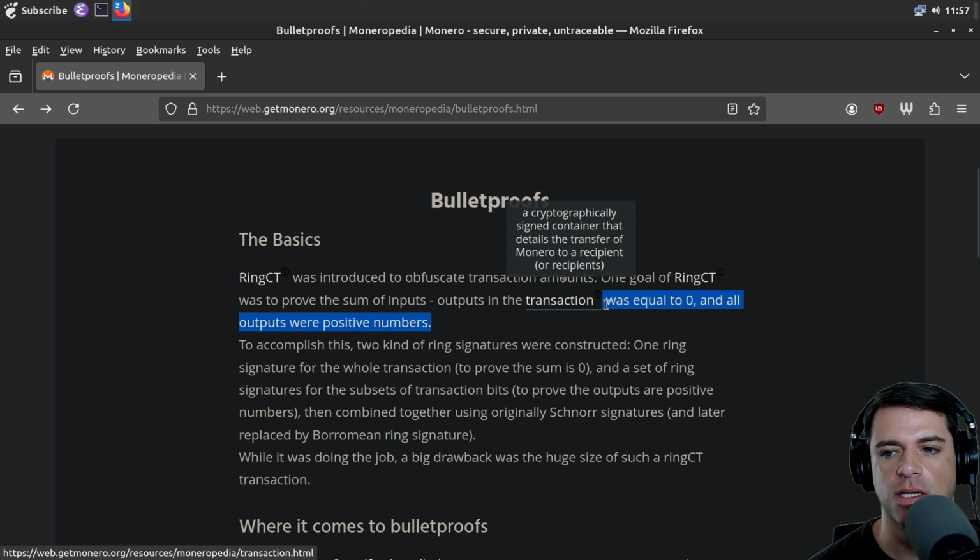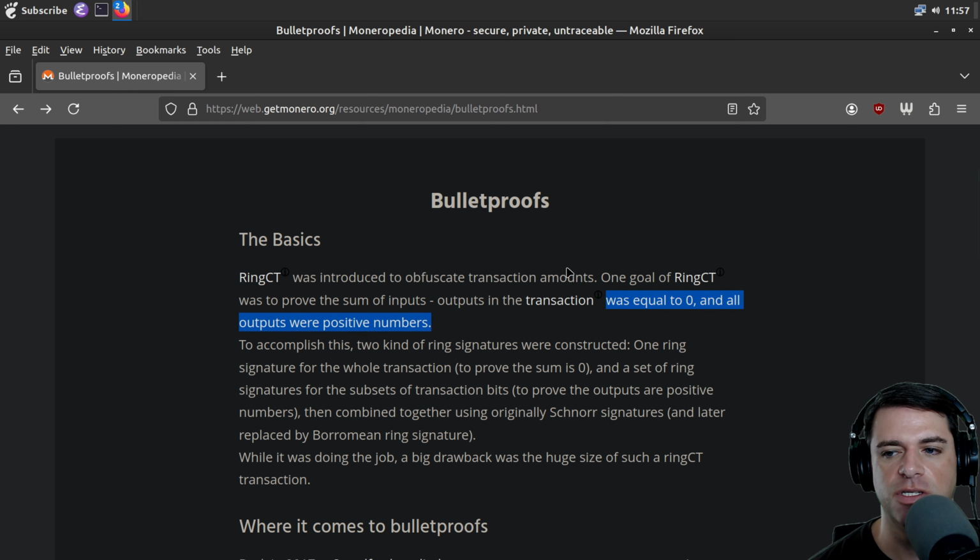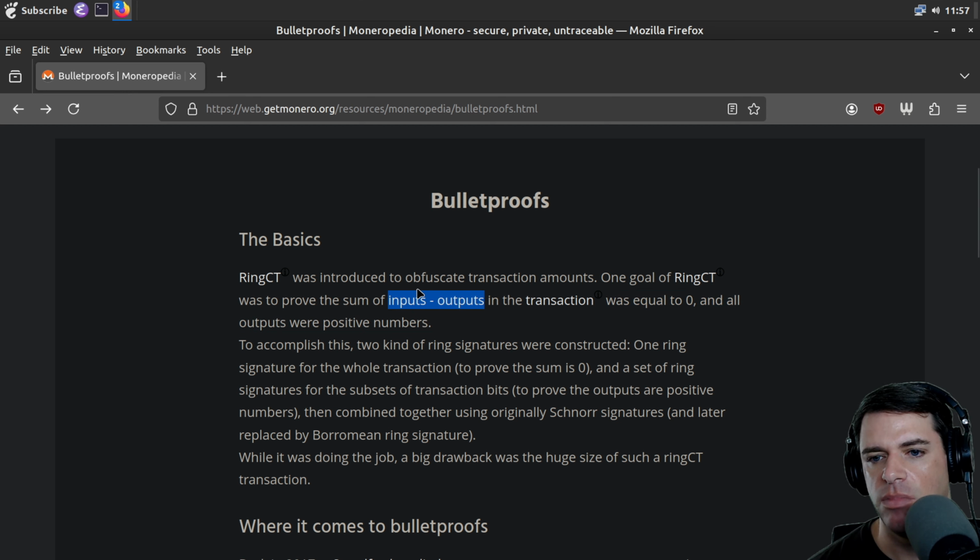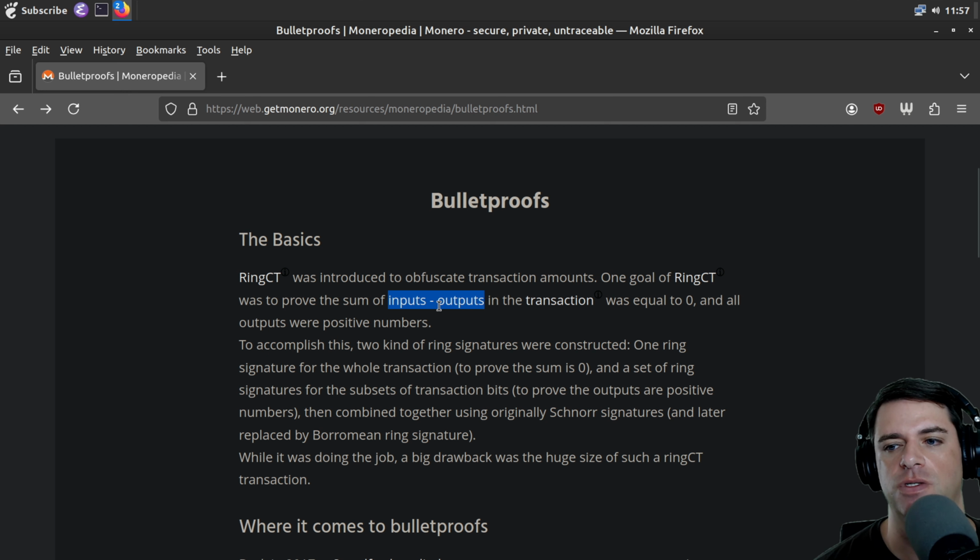So each transaction spends as much as its inputs, and all outputs were positive numbers. Okay, so I got the convention wrong. Oh, maybe this is literally inputs minus outputs. Okay, so scratch what I just said. The convention is that these are both positive numbers, and you're just taking the subtraction.